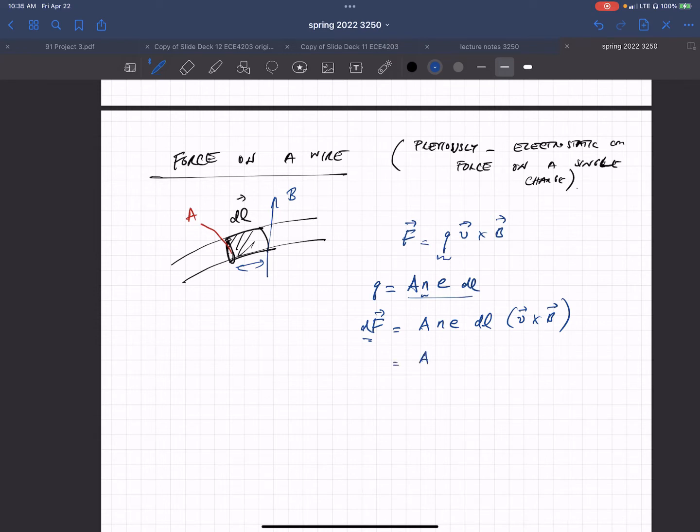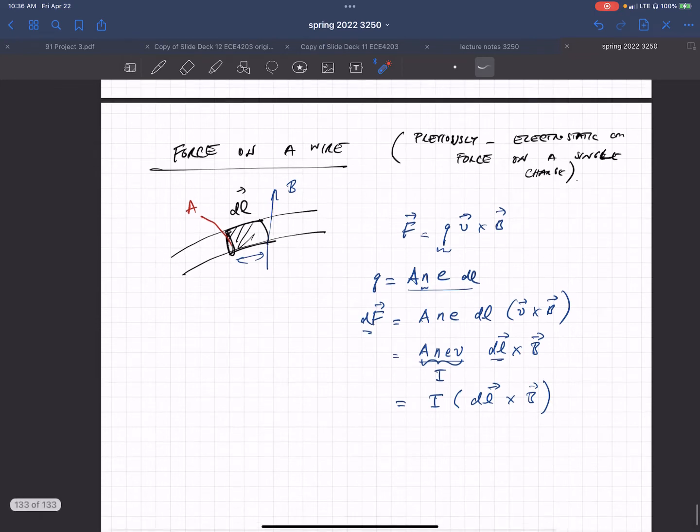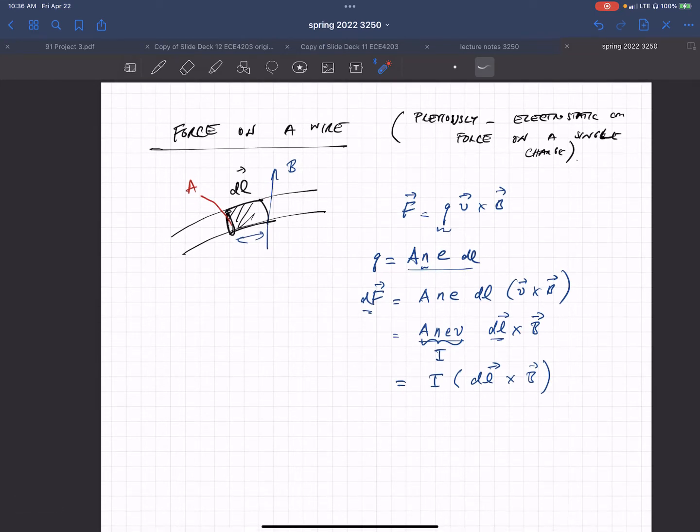You could also write this as A n e v, dl as a vector, which is the same direction as v, cross B. Now this thing is the same as current, so this is going to be I dl cross B. Now you've got to be even more careful: this is a vector, this is a vector, and this is a cross product.